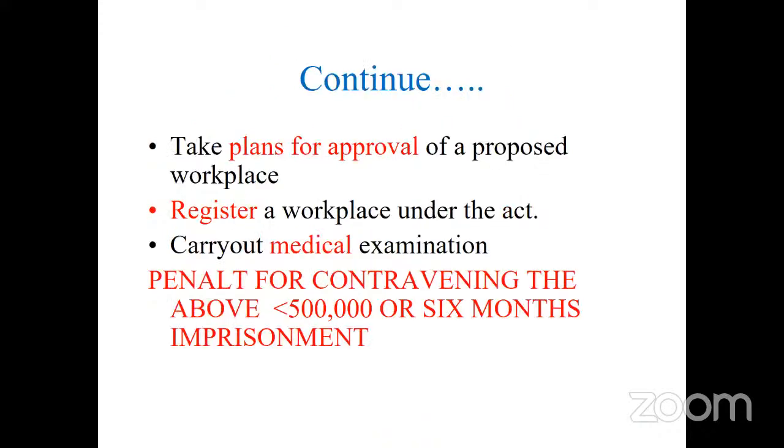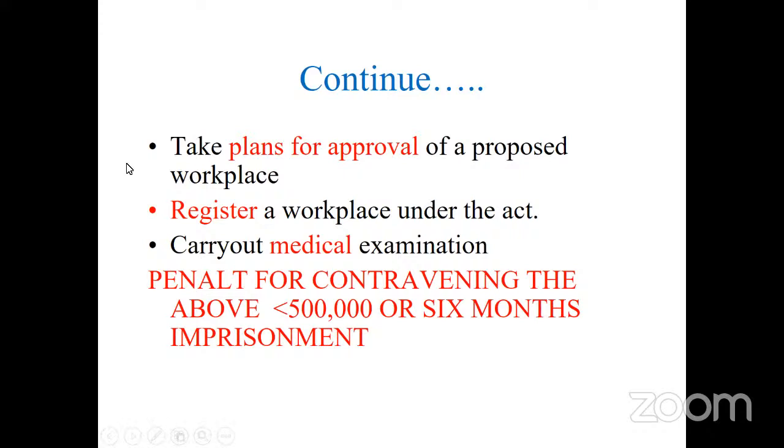And then the employer is supposed to submit plans for approval for a proposed workplace and then register the workplace under the Act. If it is a new registration, as per the Act, the fee is 6,500. For renewal, it is 5,000, in accordance with sections 43 to 46 of the OSHA Act.